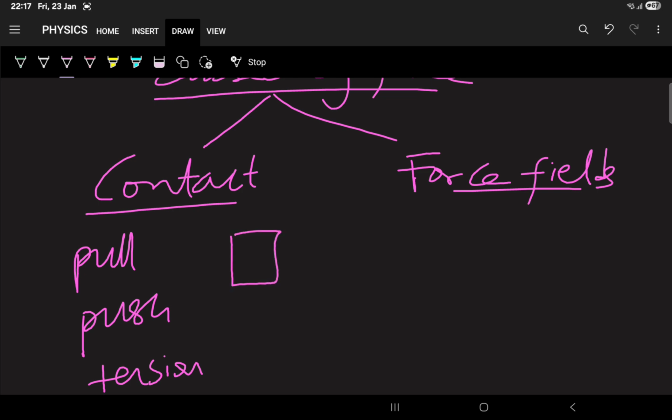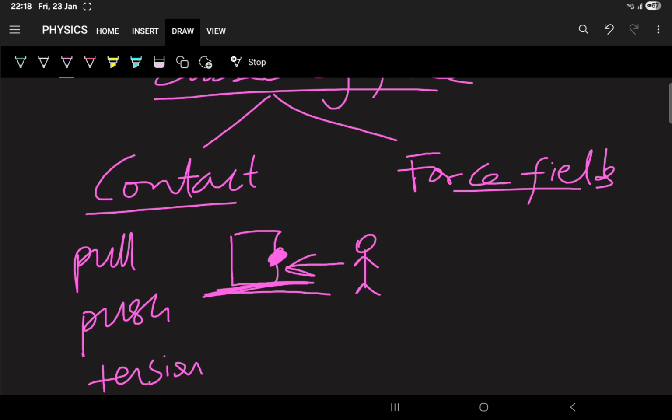Example, if this is our body, a rigid body, and a string is attached rigidly to this body and I'm pulling it this way, I'm applying a pulling force. While on the other hand, if I'm pushing the body with respect to the base, I'm going to have to be in direct contact with the body.